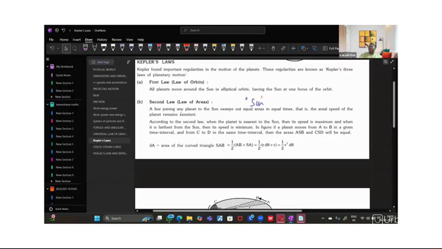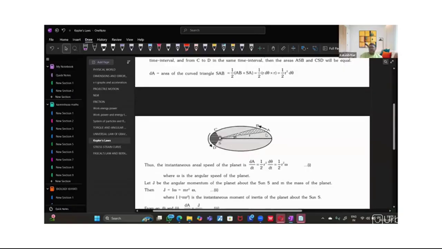A line joining any planet to the sun sweeps out equal areas in equal time intervals. It only means that in this diagram we can see the equal amount of area which is swept.